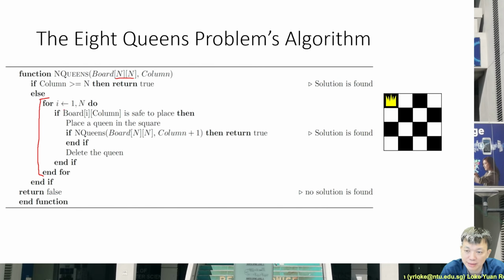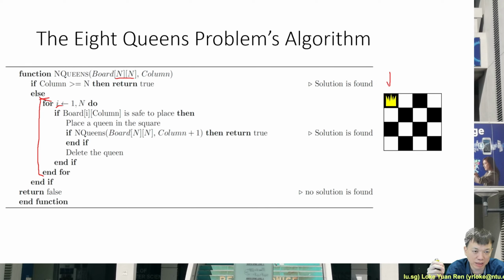Here, you're trying all n by n. As long as you haven't reached the end column, you still try the first column, second column, as long as it's not the end column, and then you move on.